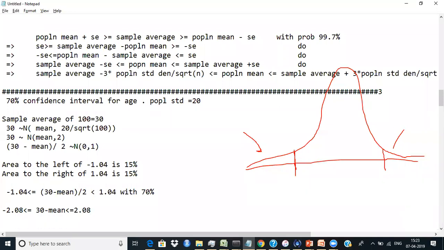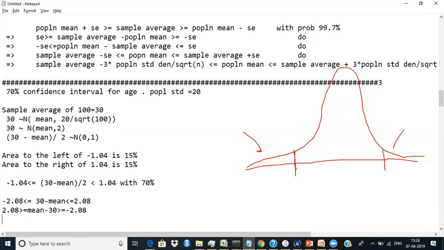And then I will take a minus, so it becomes 10.4 greater than or equal to mean minus 30 greater than or equal to minus 10.4, with 70% confidence.